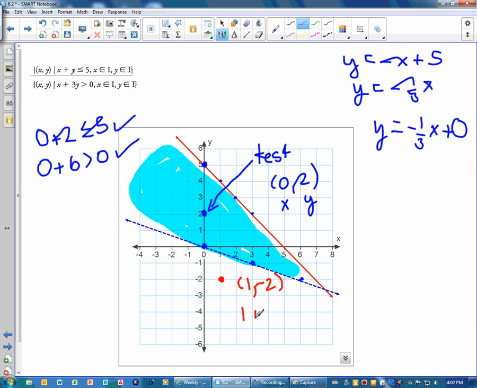Well, 1 plus negative 2 is indeed less than or equal to 5. That works. But what about the other one? It has to be x plus 3 times y greater than 0. This would be 1 plus negative 6, which is negative 5. Negative 5 isn't bigger than 0.